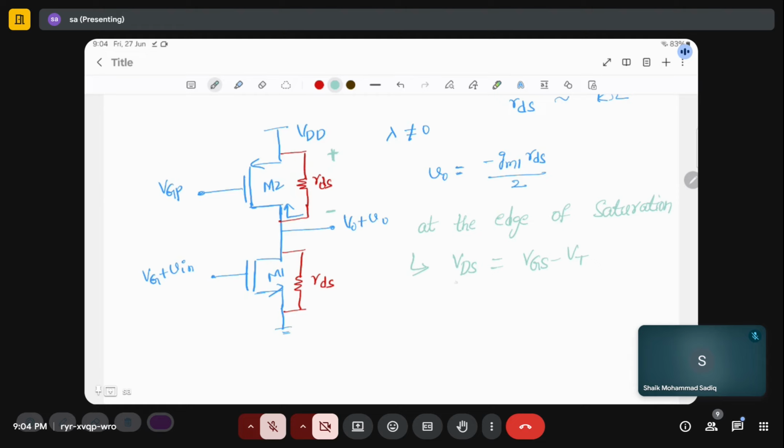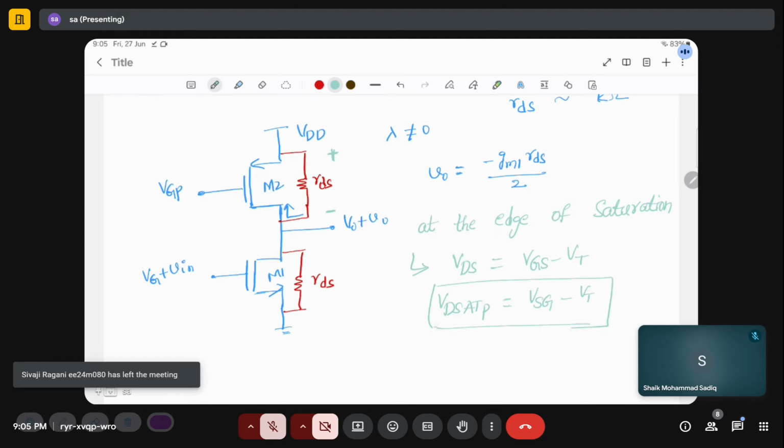So I will call this VDsat for the PMOS. It is VSG minus VT. This is the minimum voltage required for the PMOS to be in saturation.